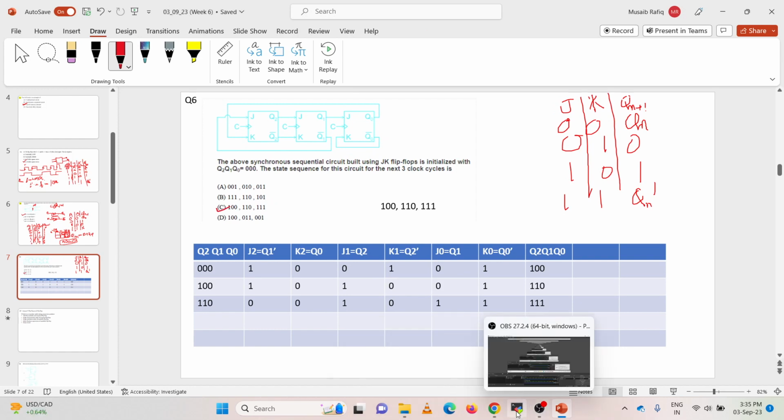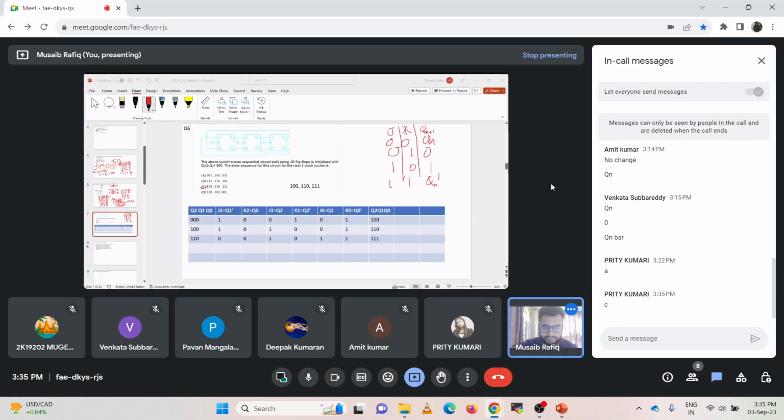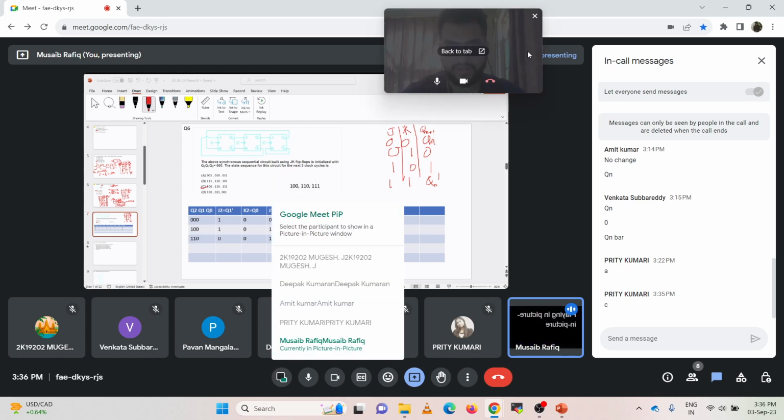So option C was correct answer to this question. Any doubts?